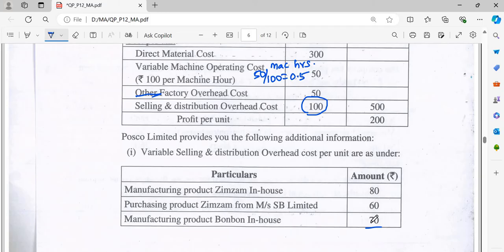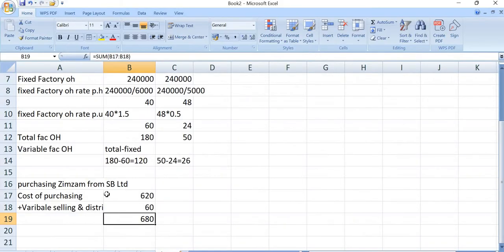The difference amount we are going to incur anyway, so it is not relevant. Only if a particular cost changes because of my decision do we consider it, and that cost is considered a relevant cost and included in workings. So this fixed selling and distribution overhead is not going to change my decision, because anyway I'm going to incur the same. So I am ignoring it. Fine. If I am purchasing Zimzam, I am going to spend 680 rupees.